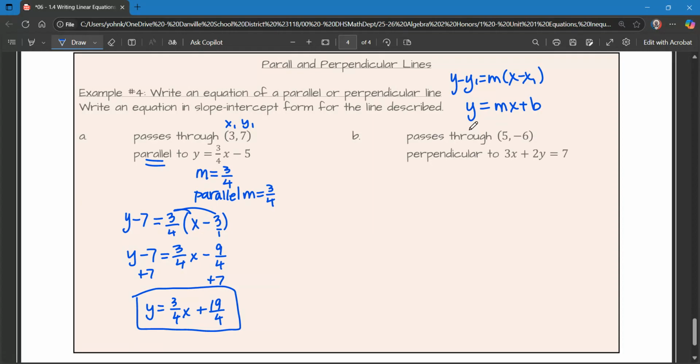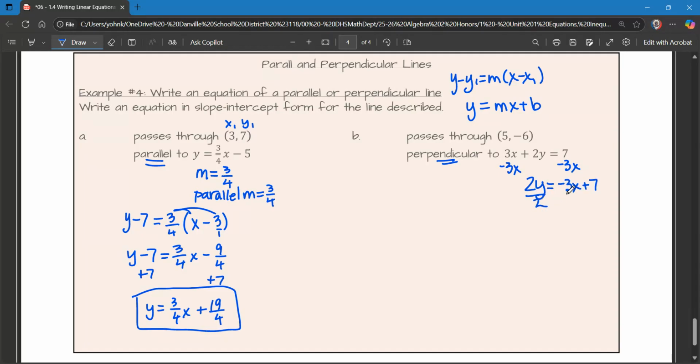This time in letter B, it passes through the point (5, -6), and this time it's perpendicular to 3x plus 2y equals 7. Well, if it's perpendicular, that means I have to do opposite reciprocal slope. Well, I don't know what the slope is yet because it's not written in slope-intercept form. So I need to make it be y equals so that I can pick the slope out. So I need to subtract 3x from both sides. So 2y equals negative 3x plus 7.